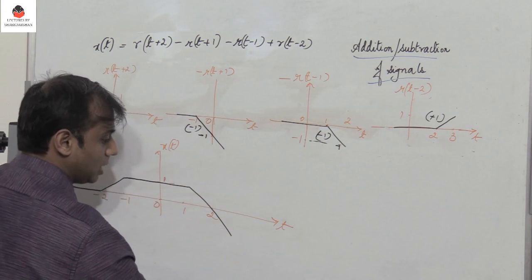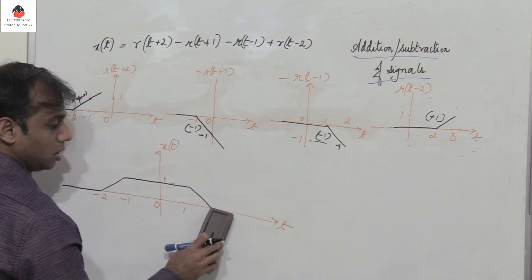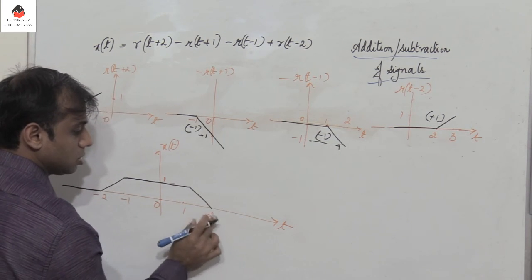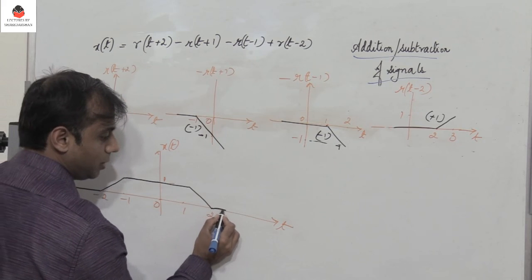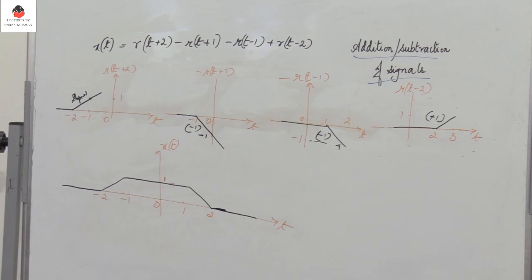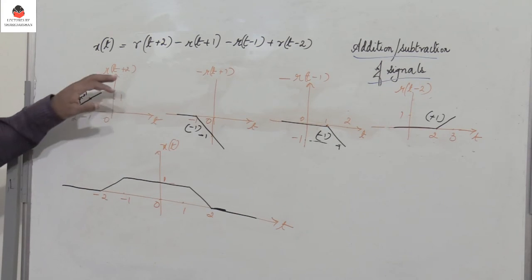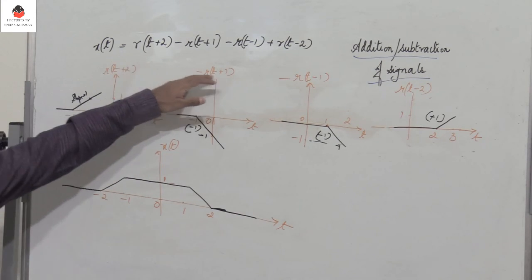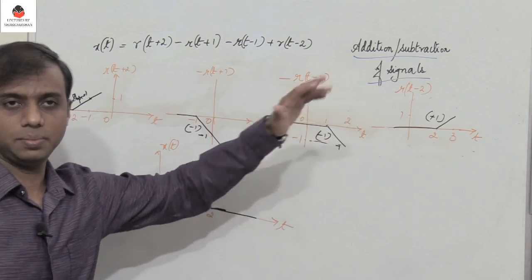So -1 + 1 becomes 0. So now the signal slope will be 0. So the amplitude will be 0 from t equal to 2 onwards up to infinity. So this is the resultant waveform x of t, which is obtained by adding these 4 ramp signals.